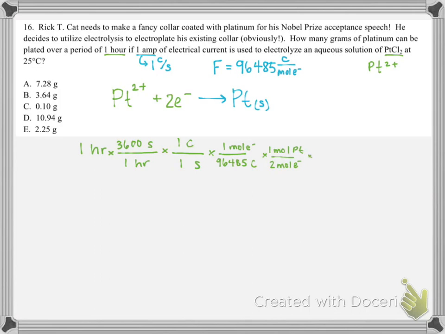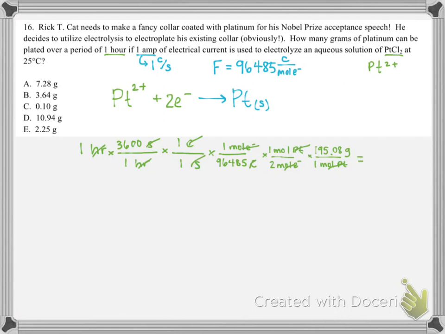And then we can say that 1 mole of platinum weighs 195.08 grams according to the periodic table. So now we've canceled hours, seconds, coulombs, electrons, and moles of platinum, and are left with grams of platinum.